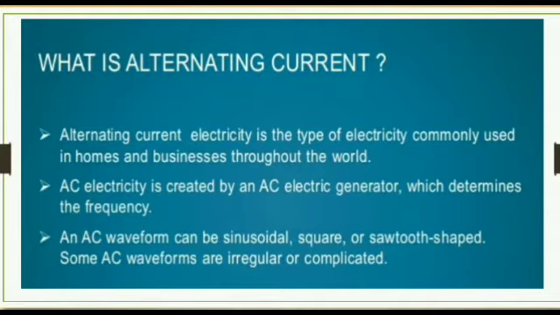Some AC waveforms are irregular or complicated in shape, and sometimes they are triangle waves. This is the waveform of alternating current.